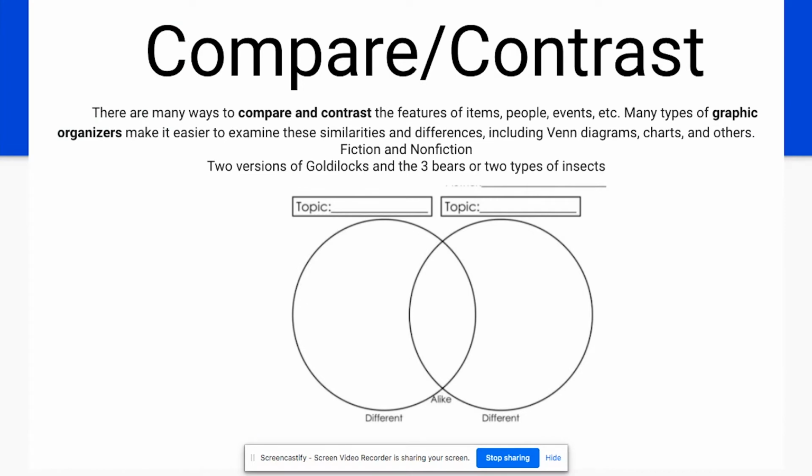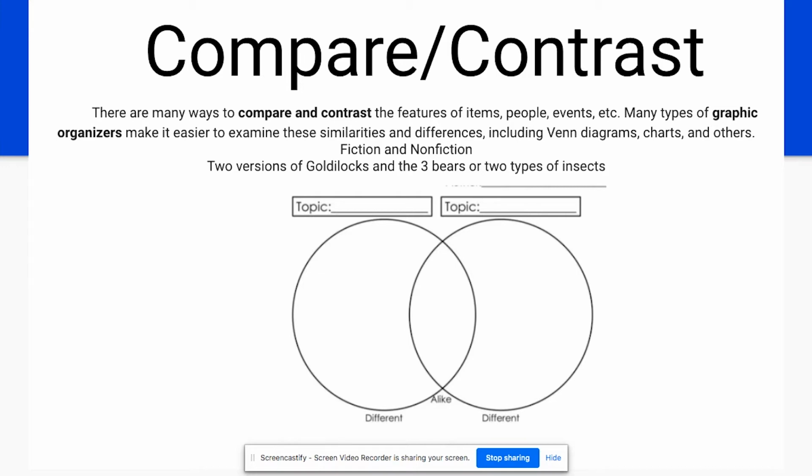There are many ways to compare and contrast the features of items, people, and events. Many types of graphic organizers make it easier to examine these similarities and differences, including Venn diagrams and charts and others.